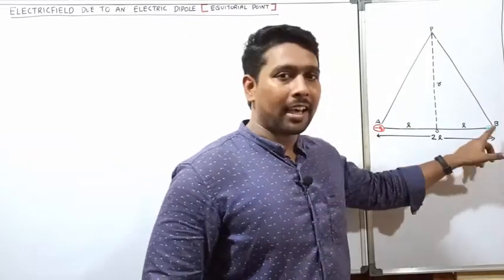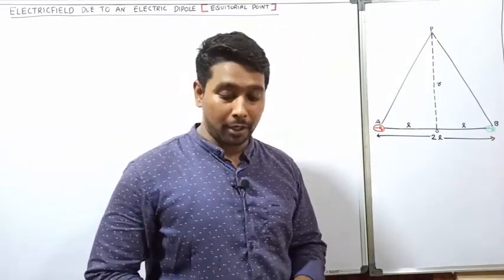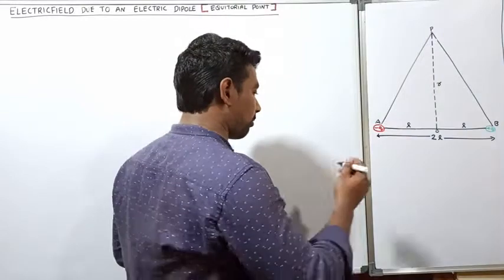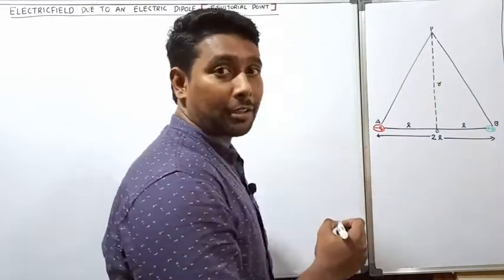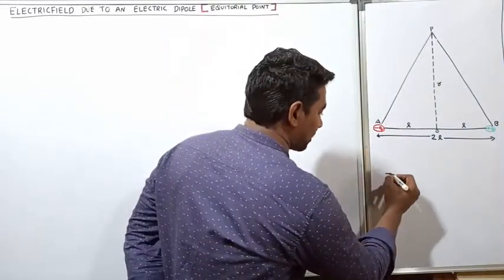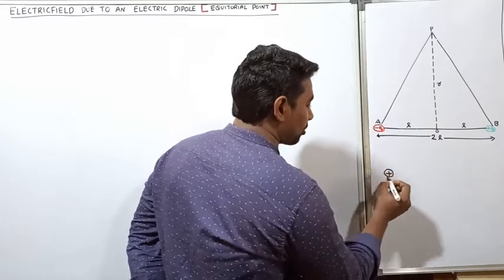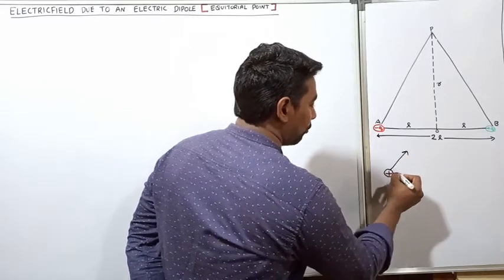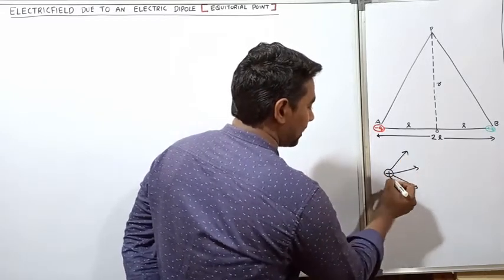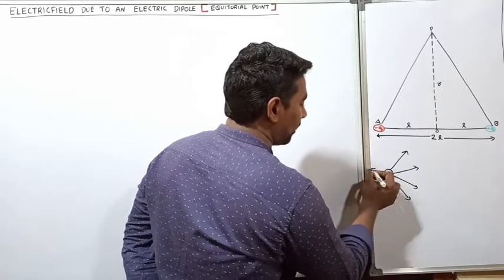Before that, what is the direction of the field for this plus q? We already discussed the direction of the electric field for positive charges and negative charges. For positive charges, the electric field direction is always outwards.